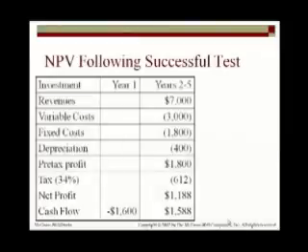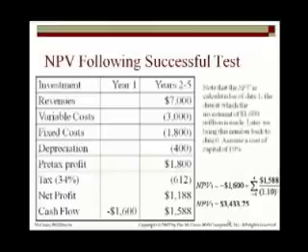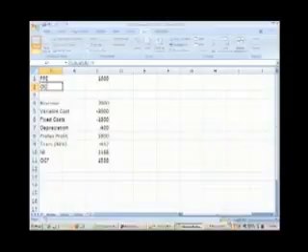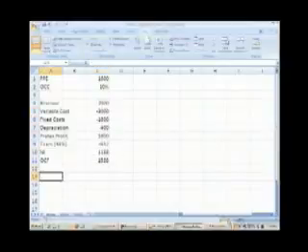And let's continue with the example. Now, the relevant cost of capital in this example is 10%. So let's also build an opportunity cost of capital and put 10%. And now we're going to calculate the net present value.